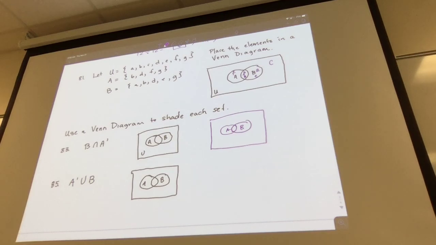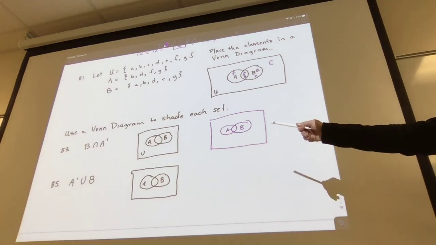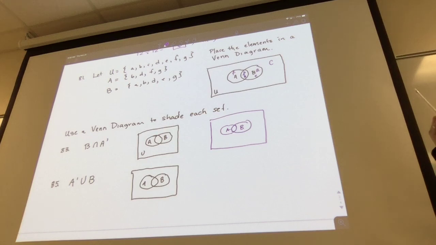Okay, let's look at the first one. I'm just going to draw a rough sketch to put my answer back over here. The first thing I'm going to do is highlight. I recognize that I'm going to do intersection, and intersection in my mind says what they have in common. But because that's A prime and not A, first I'm going to get my mind set around that. So I'm going to highlight everything over here that's not A, roughly.